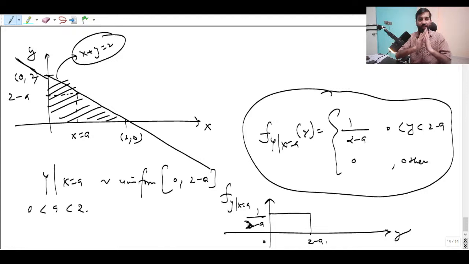So I believe now, from the given joint density function, you will be able to find the conditional density function. From the conditional density function, you can find the conditional expectation. If someone asks you what the conditional expectation is, you will be able to tell quickly.